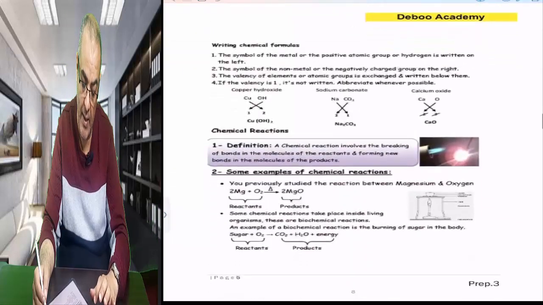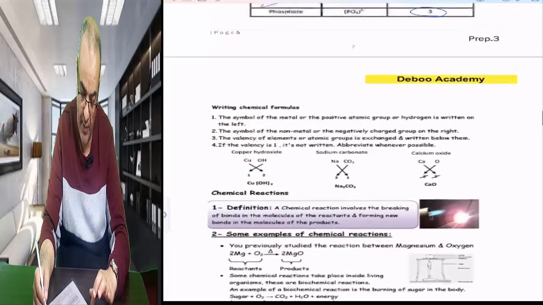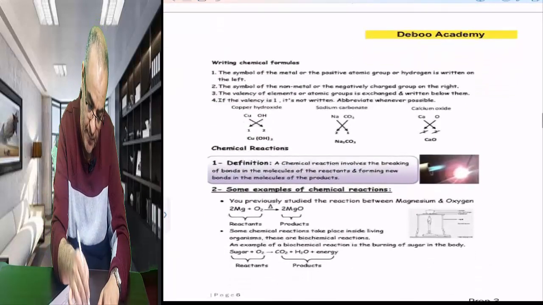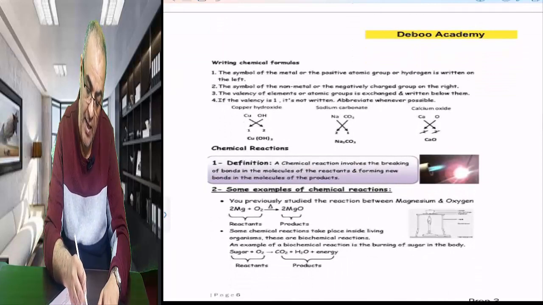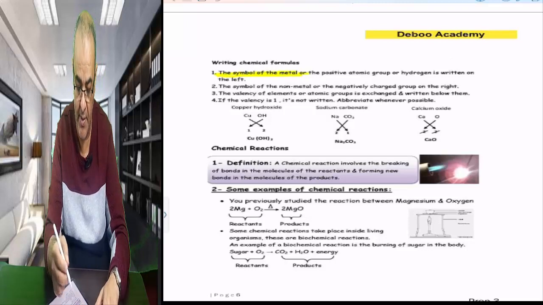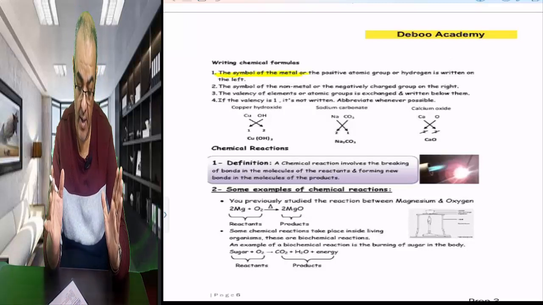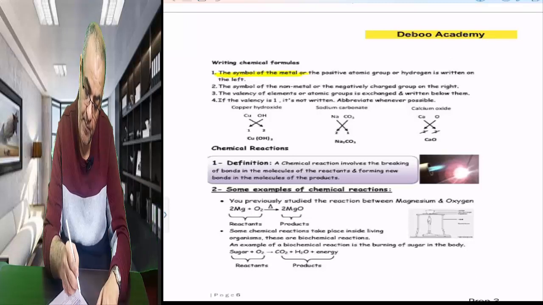Write chemical formula. Come to see how to write a chemical formula. There are 3 steps. The first is the symbol of the metal. We have to know the symbol of the metal and the non-metal, the symbols of the chemical formula.